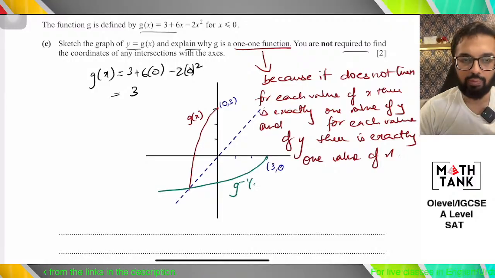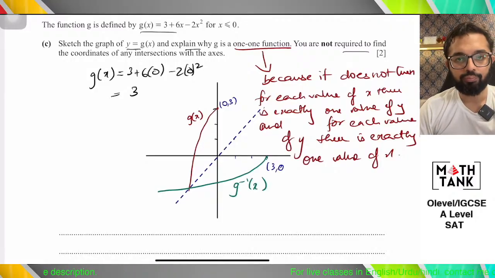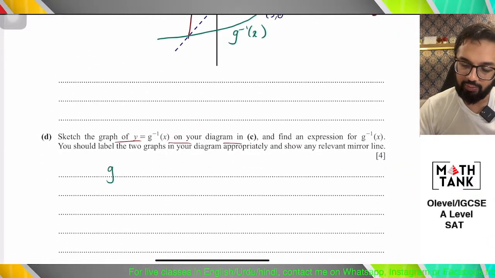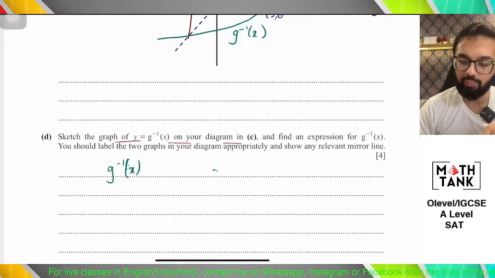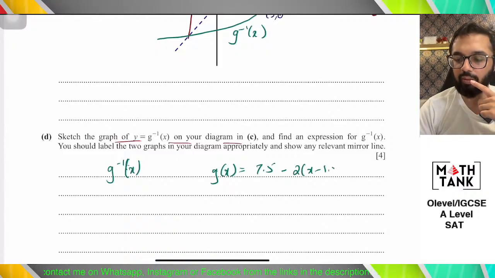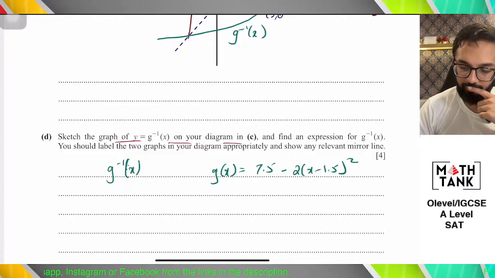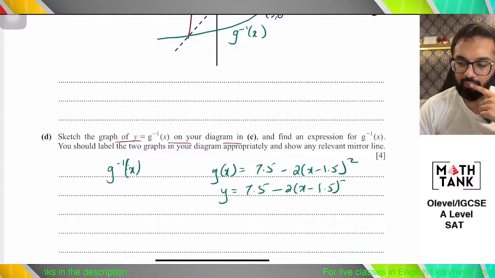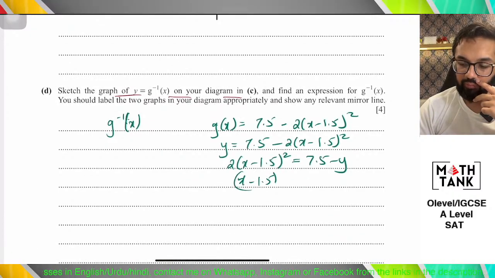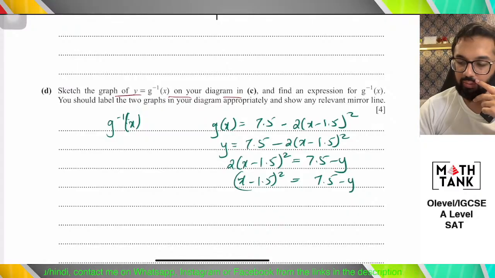That is g inverse of x. For g inverse of x, you will have to start with the completed square form. That was 7.5 minus 2 times x minus 1.5 whole squared. So y equals that, and x minus 1.5 squared equals 7.5 minus y over 2.